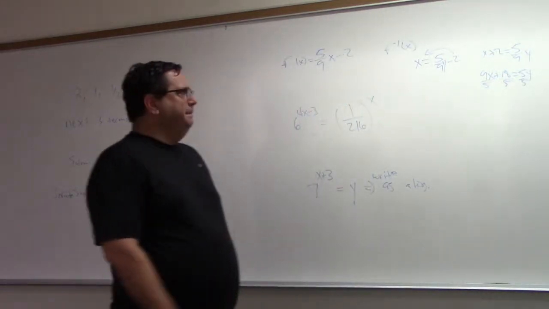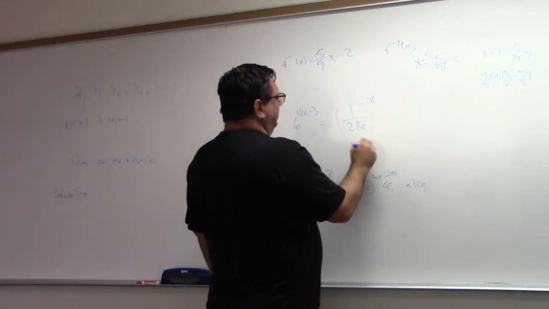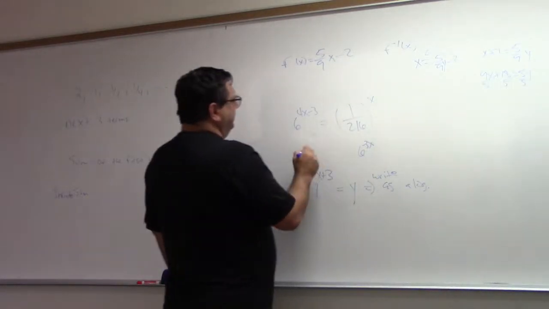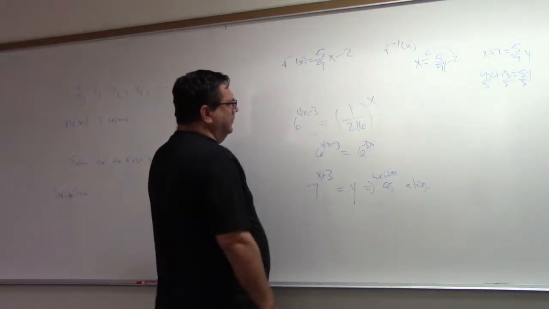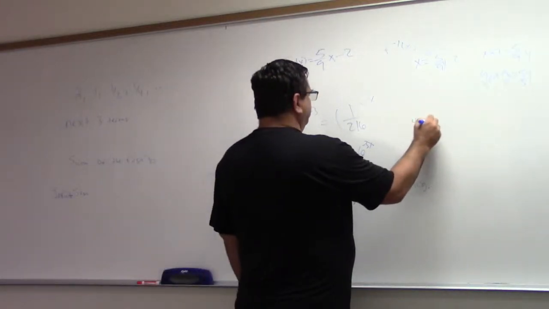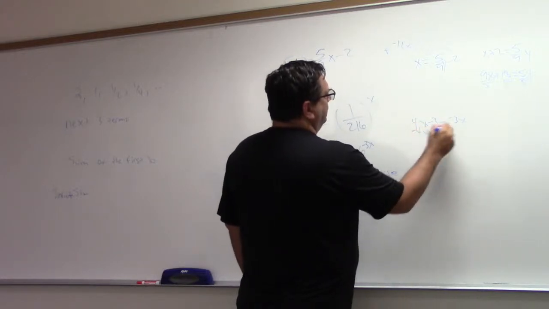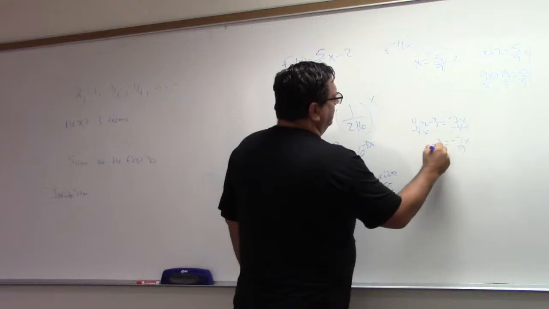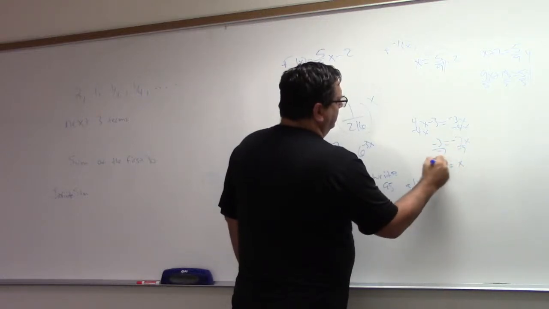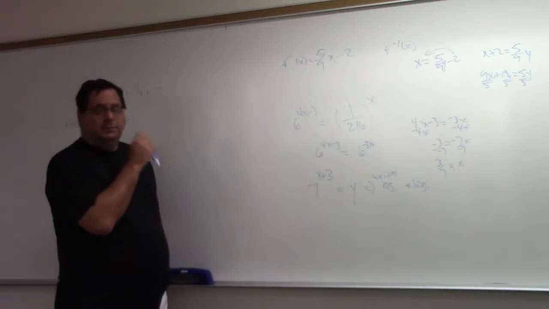Exactly what you said. All right, 1 over 216 is 6 to the negative 3. So this is 4x minus 3 equals negative 3x. Negative 3 equals negative 7x. x is equal to 3 sevenths.